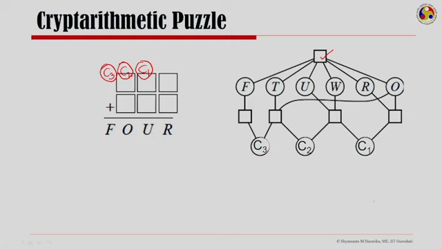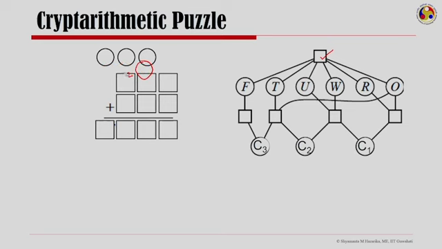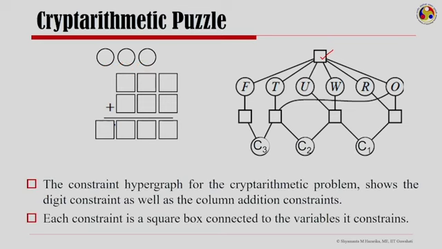So, when we want to solve them, this could be like 6 placeholders, and I could have 4 placeholders for the answer, and I could have these placeholders for the carries. And the constraint hypergraph for this problem shows both the digit constraints as well as the column addition constraints.